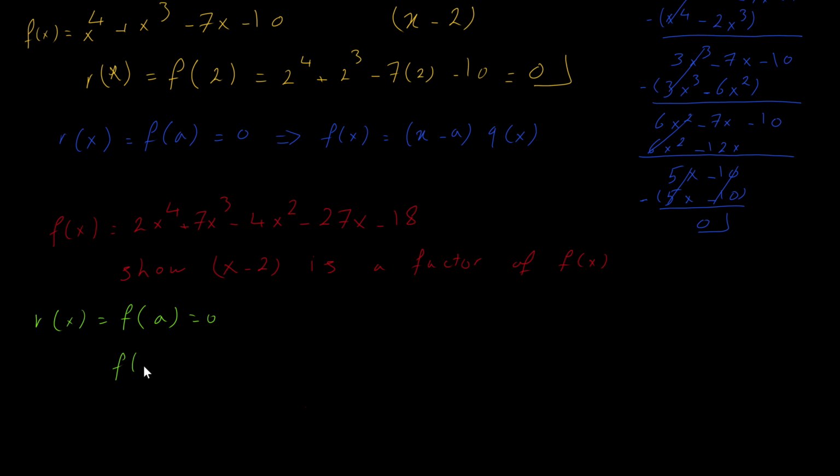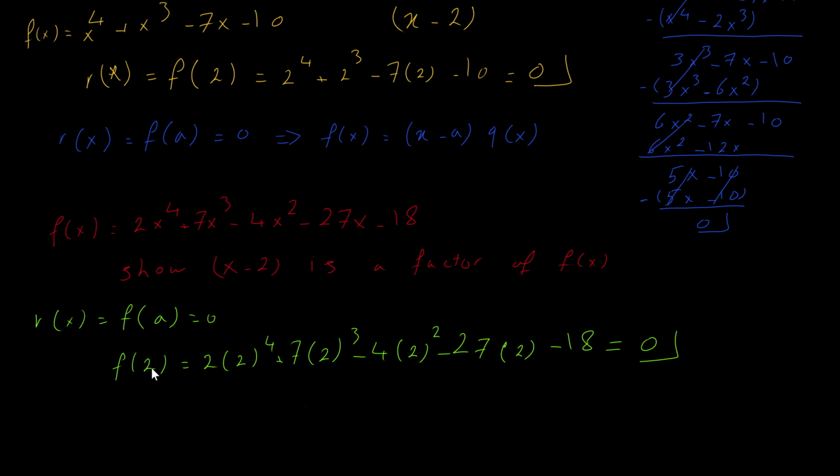So f of 2 is equal to what? 2 times 2 to the 4 plus 7 times 2 to the third minus 4 times 2 to the second minus 27 times 2 minus 18. Plug it into the calculator or do it by hand, and the answer is 0. And that proves that the remainder is 0, so x minus 2 is a factor of f of x.